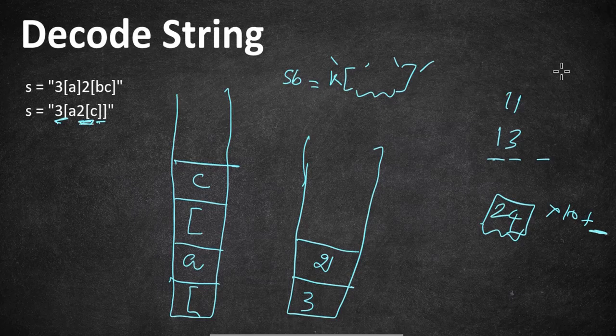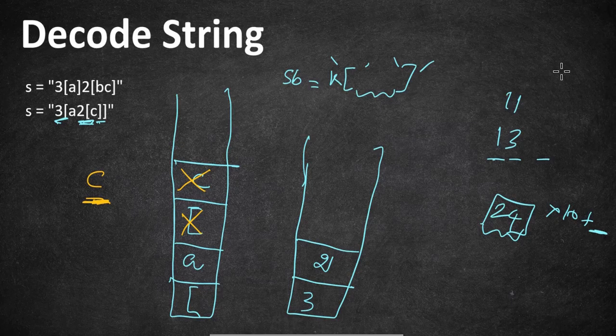So I'm going to pop C from the stack and keep it separately, and check if there are any more characters in this string. The next character itself is an open braces, which means this is the encoded string we have to decode. How many times do we have to decode it? That number will be there in the number stack.